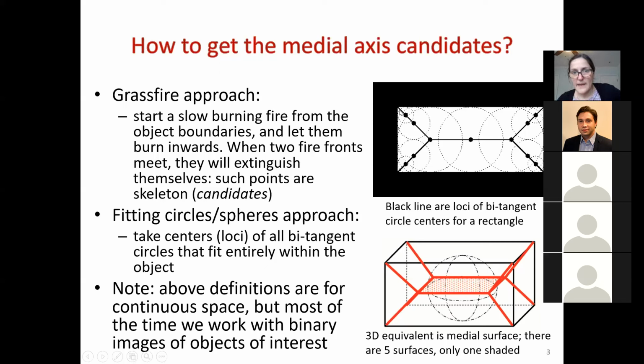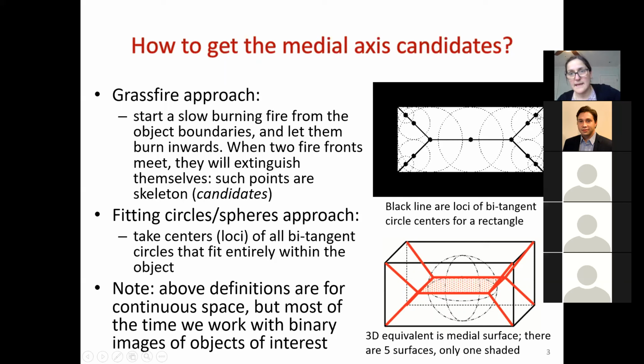So my object is white and I started from this rectangle's boundaries. The lines here show where two fires met and stopped. And that's why it's called grass fire, because two fire fronts could extinguish themselves in reality that way too.